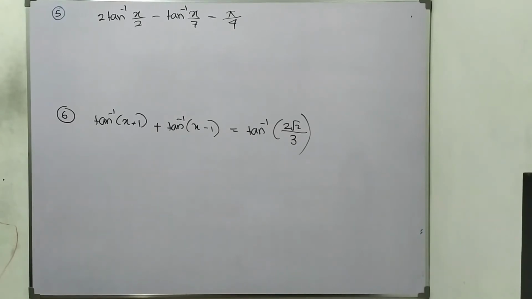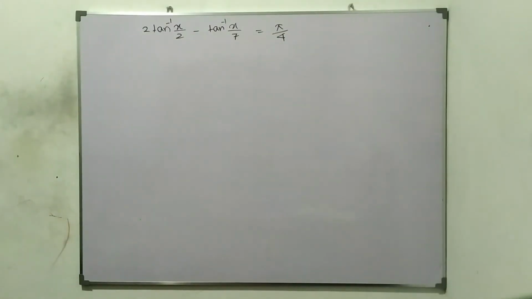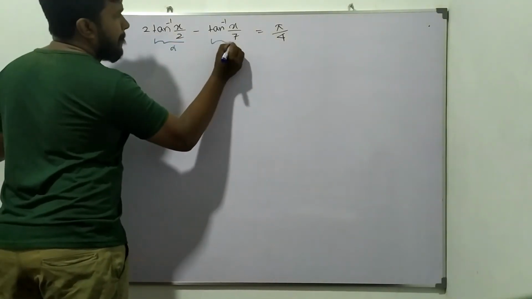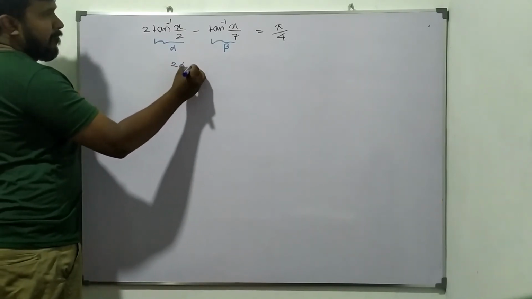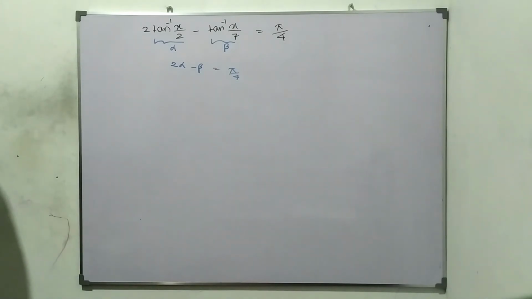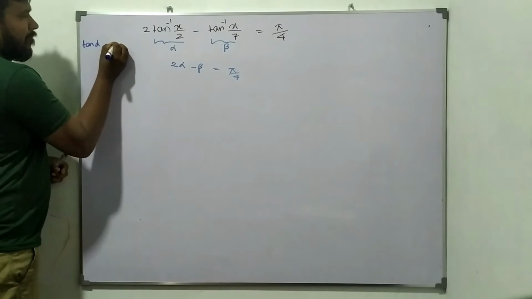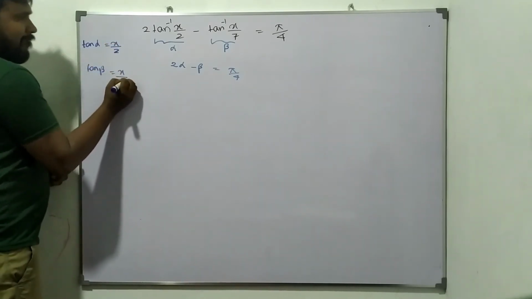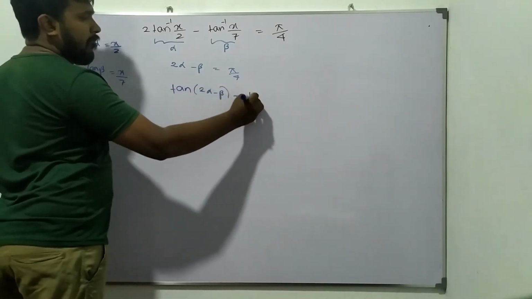Okay, these two questions you can try. Right. So 2 tan inverse x over 2 minus tan inverse x over 7. So the left hand side, 2 alpha minus beta, equal 45. Tan of 2 alpha minus beta equal tan 45.